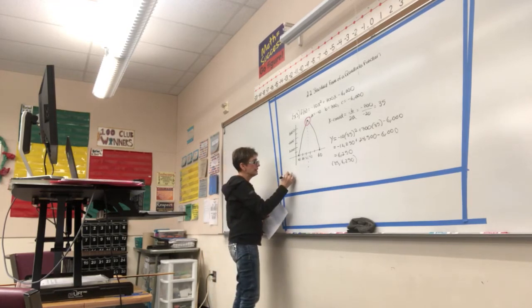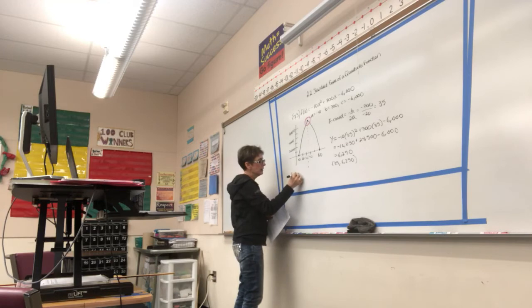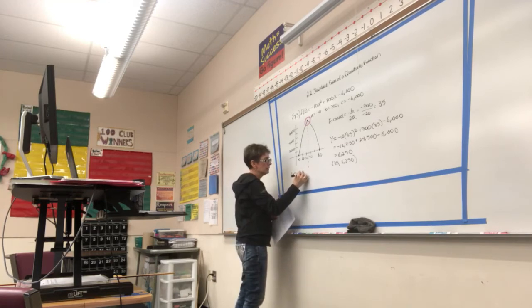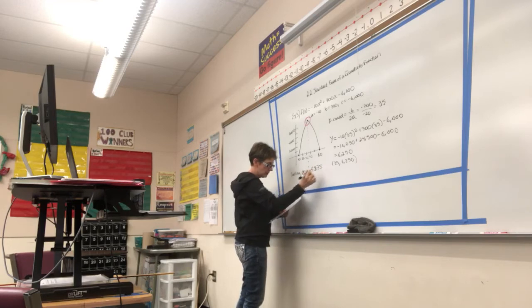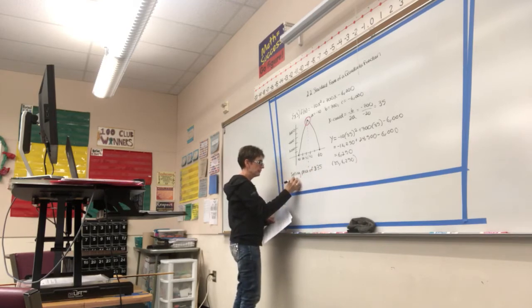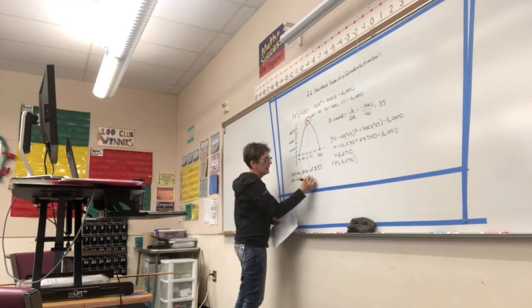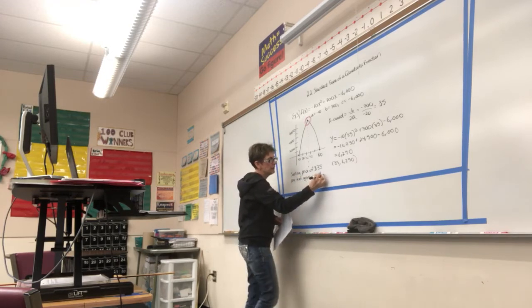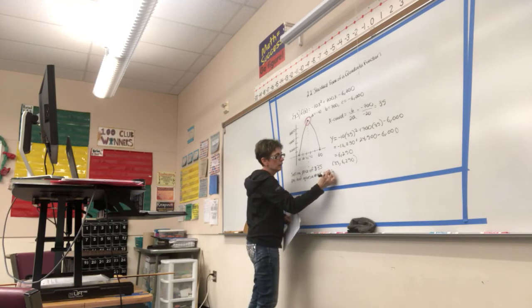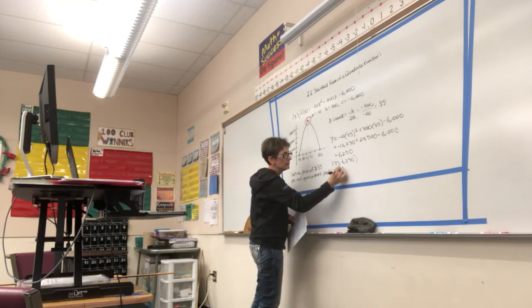So we can write that the selling price of $35 per item gives a maximum profit of $6,250.